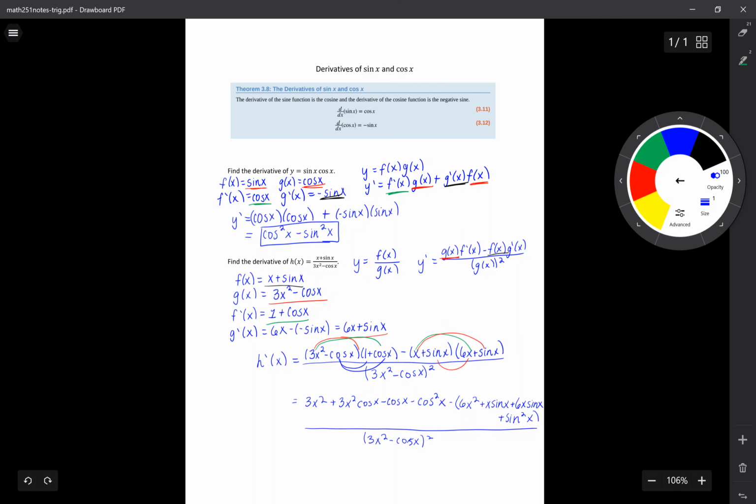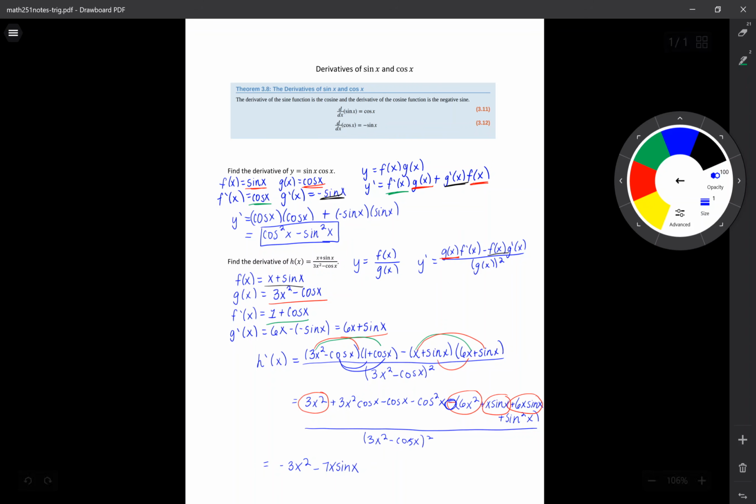So now let's see what we can combine here in terms of combining like terms. I have this 3x squared that I can combine with this negative 6x squared to give us negative 3x squared. Let's see, what else do I have? I have an x sine x and a 6x sine of x that can be combined to 7x sine of x, but remember we have this negative out in front, so that gives us a negative 7x sine x.